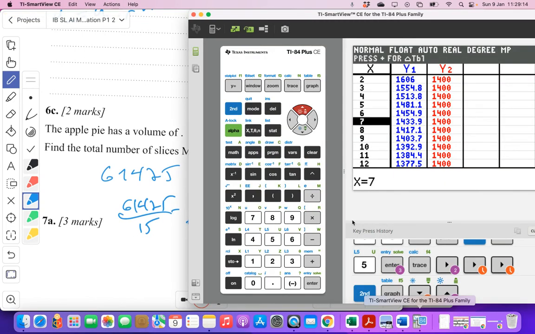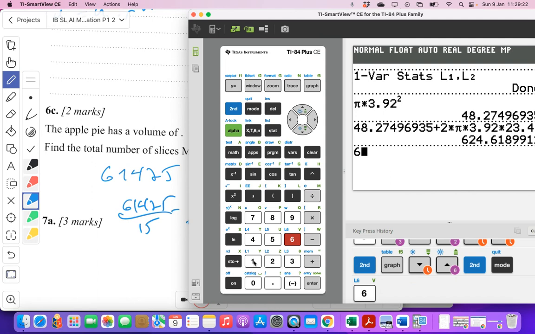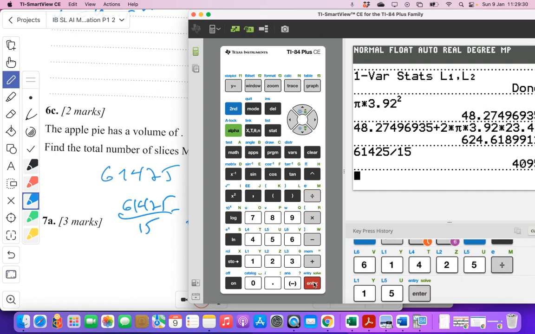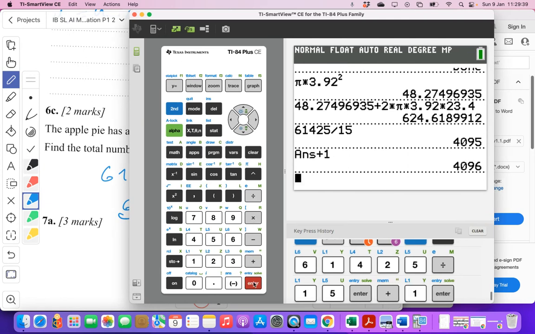All right, so let's calculate 61,425 divided by 15. Then I said we're going to add 1 to this, and I see something familiar.